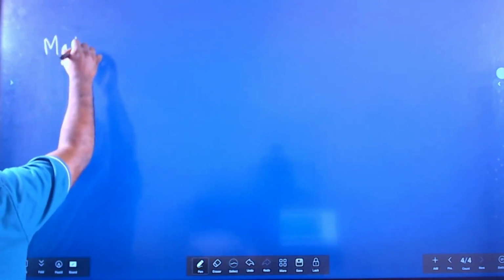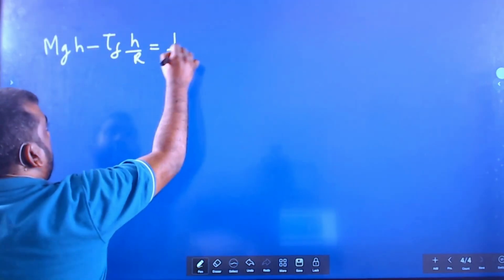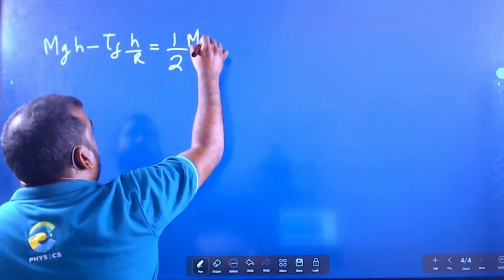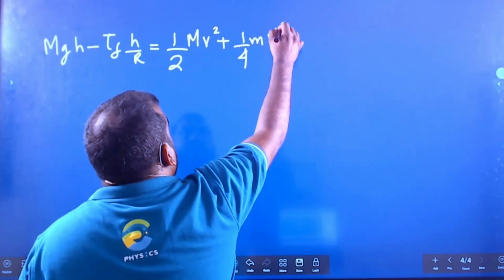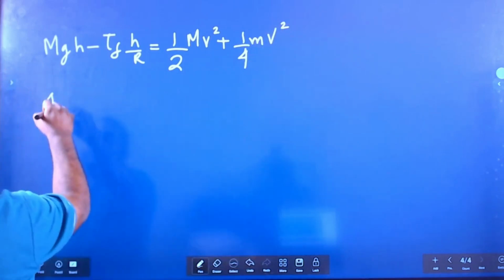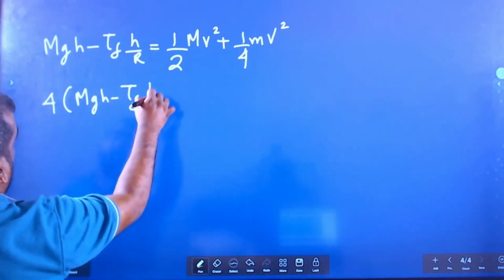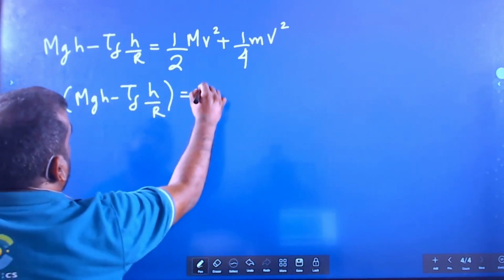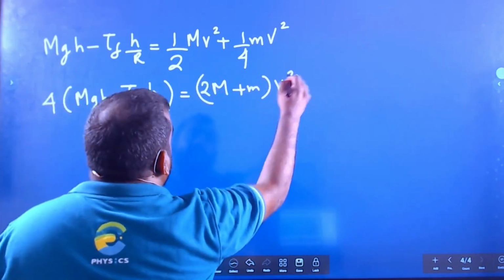mgh minus frictional torque h over r equals half capital M v squared plus quarter simple M v squared. Multiply by 4: 4 times (capital M gh minus frictional torque h over r) equals (2 capital M plus simple M) v squared.